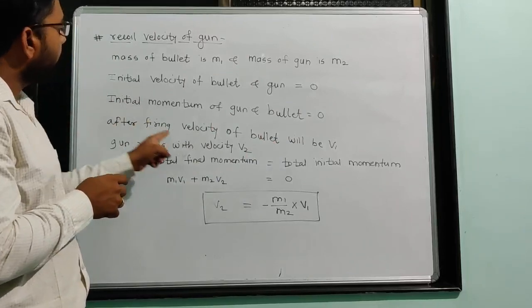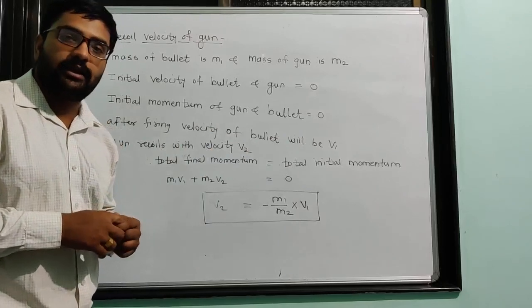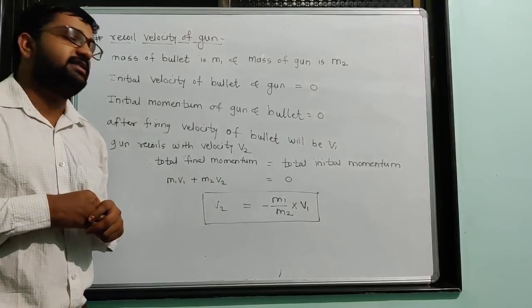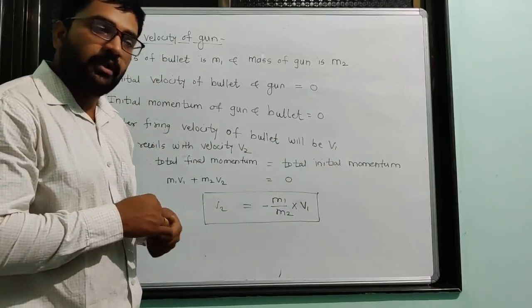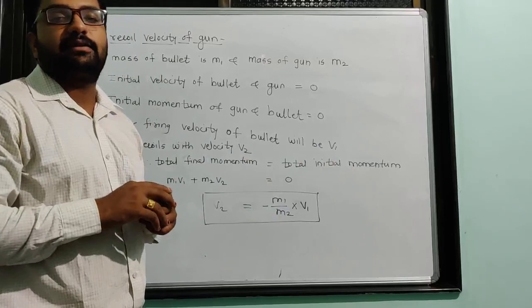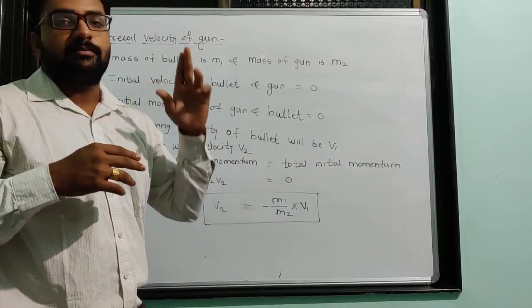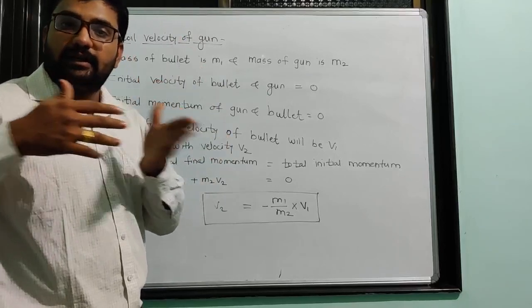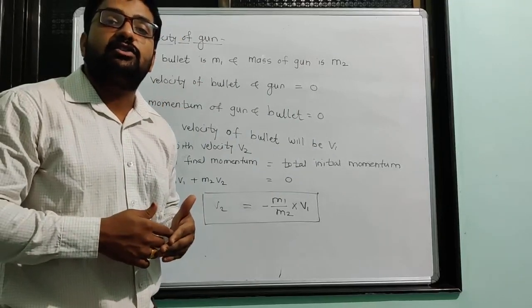Now after firing, the velocity of the bullet will be v1. After firing, the bullet gets some velocity, and that velocity we call v1. And we know action and reaction forces. As the bullet goes in the forward direction, a force is applied on the gun, which is why the gun will move in the backward direction.